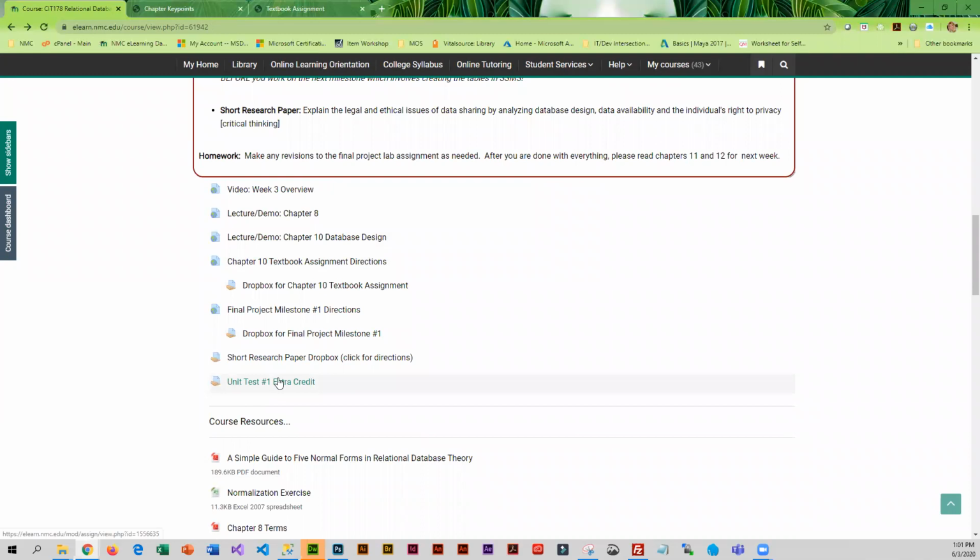Then I've also included a unit test 1 extra credit. And so what I do after people finish the Unit 1 test is I go through and I look for questions that students have had problems with. So this extra credit is kind of based on what students have had issues with in previous semesters.